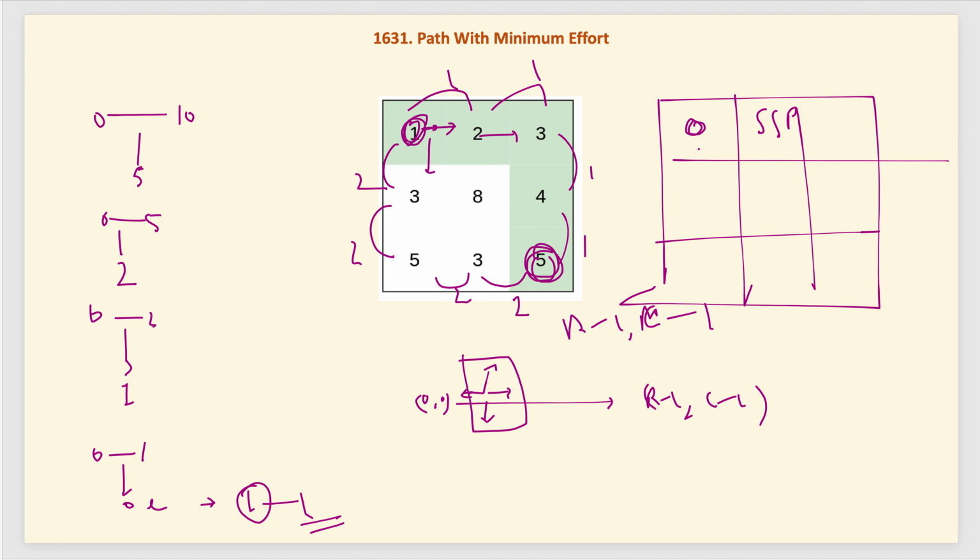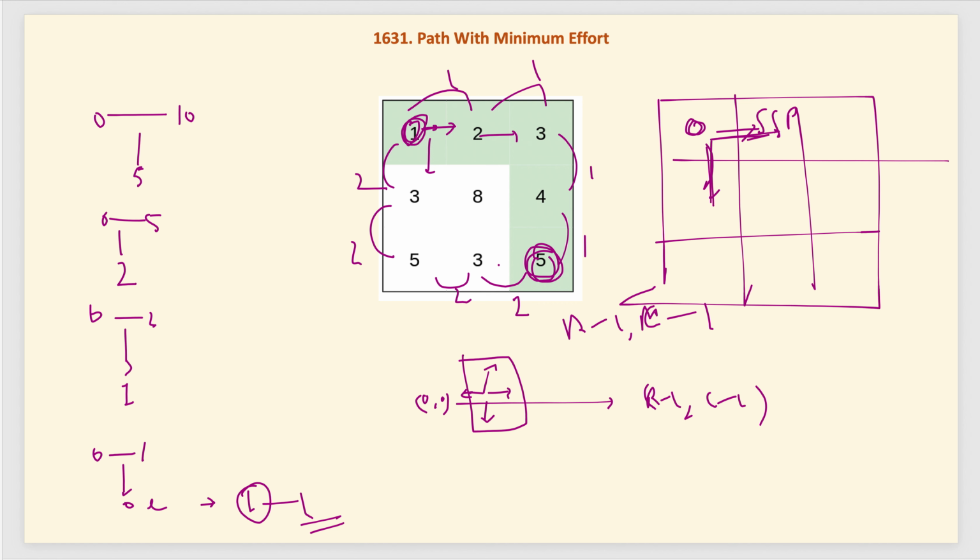Then add all the adjacent vertices into the priority queue, and we will sort the priority queue based on the distance, which is the minimum height, the absolute difference of these adjacent cells. Then we will relax the distance cost whenever we are able to find a different path with less cost. So we update there. I will leave it to you to try this Dijkstra algorithm.